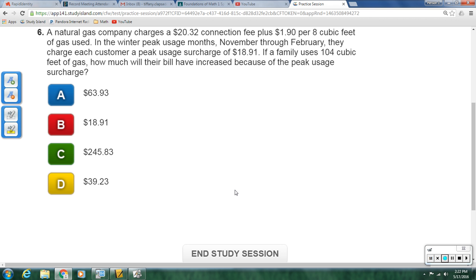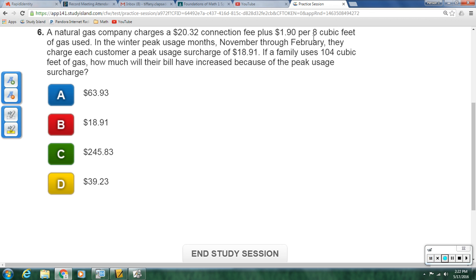If a family uses 104 cubic feet, well, if they use 104, up top it says they get $1.90 per 8, right? $1.90 per 8. Now, how many times does 8 go into 104? 13?